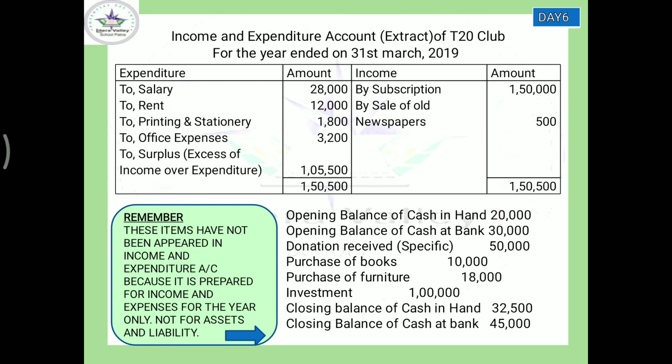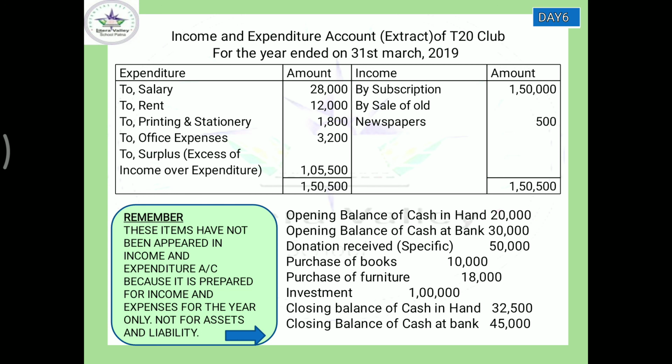Because donation has been received for a specific reason, for making the shelter, so it is not income. Purchase of books, purchase of furniture, investment, and closing balance of cash in hand and at bank have not been taken into account. So I think you have understood it pretty well.